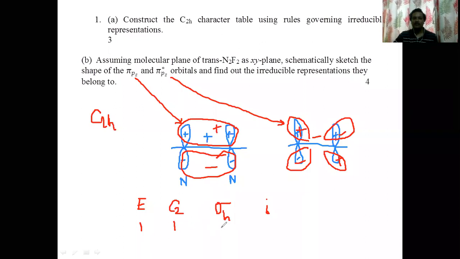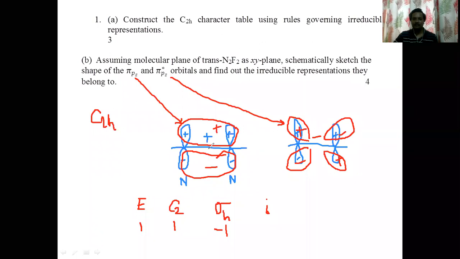Sigma h is the molecular plane, which is perpendicular to the Z axis, so that is XY. The plane is in the middle, so this is going to change the sign, so that is going to be -1. Now inversion, the inversion center is here, sitting between the nitrogens.